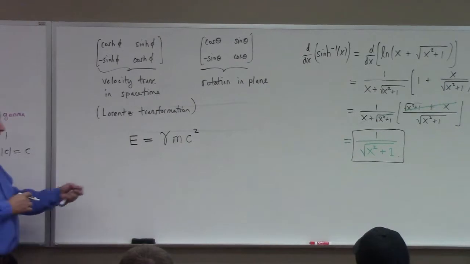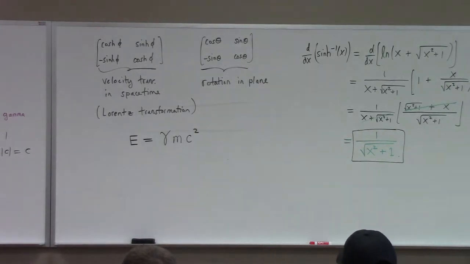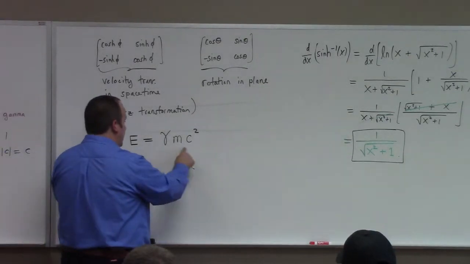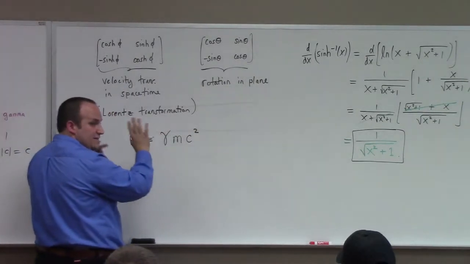What happens if you put v equal to 0 into the gamma formula? Or v equal to 0 is beta equal to 0. So gamma's 1, right? If you put v equal to 0, you should basically recover regular mechanics from special relativity. And so we'll come back to this formula later when we get to power series. I have a little bit more to say about this, so that's all I wanted to say for now.